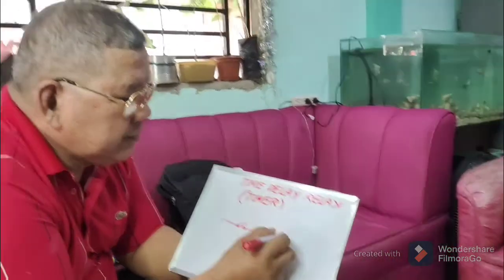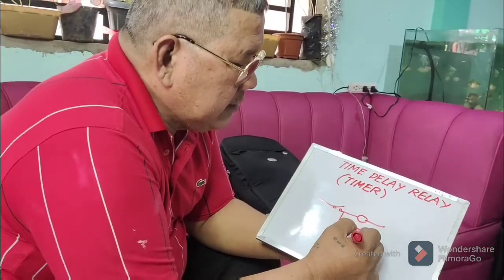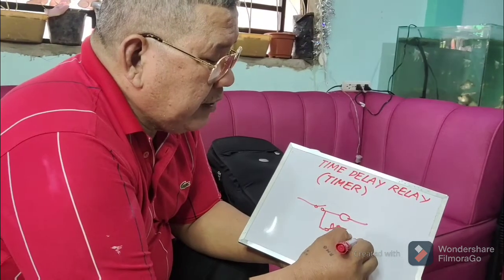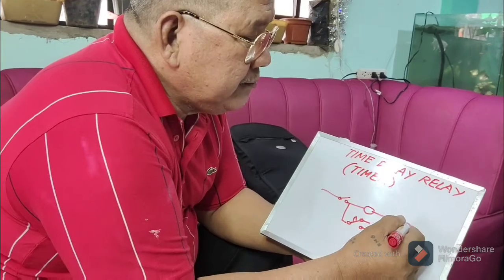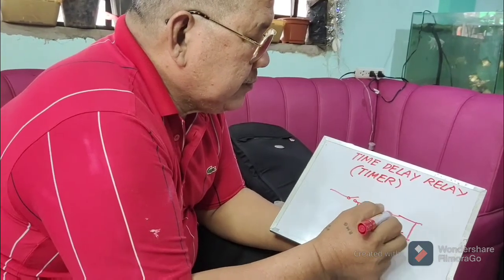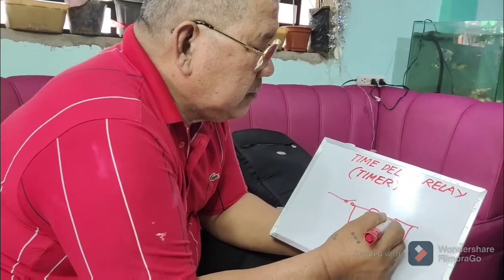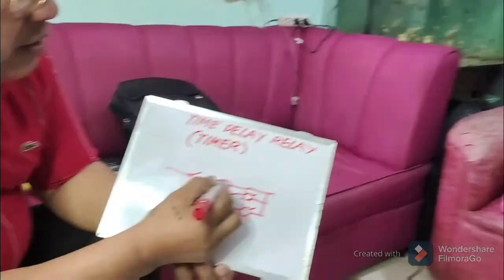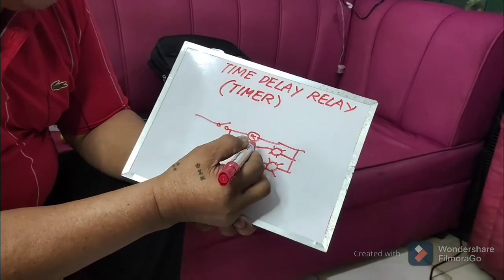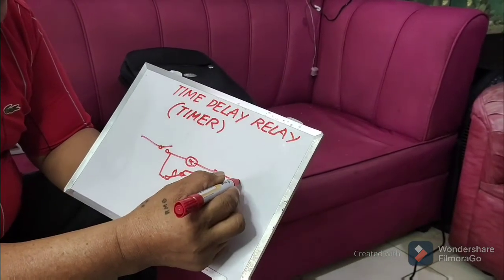You have your holding coil, and then maybe you have a lamp you want to run, for instance like this. Okay, so you have here the switch, you have here the holding coil or magnetic coil, you have lamp number 1 and lamp number 2.